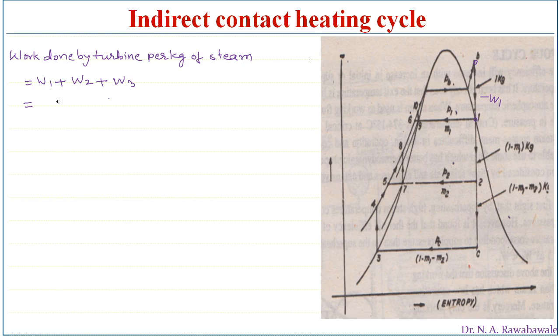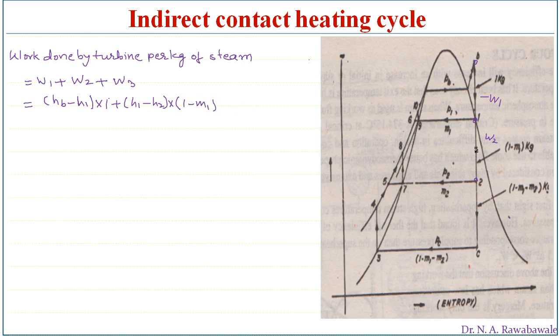So this work done is given by HB minus H1 into amount of steam expanded, 1 kg, plus work done 2, which is done between point 1 to 2 by the turbine. Here enthalpy decreases from H1 to H2, so we can write H1 minus H2 into amount of steam expanded, 1 minus M1 kg.